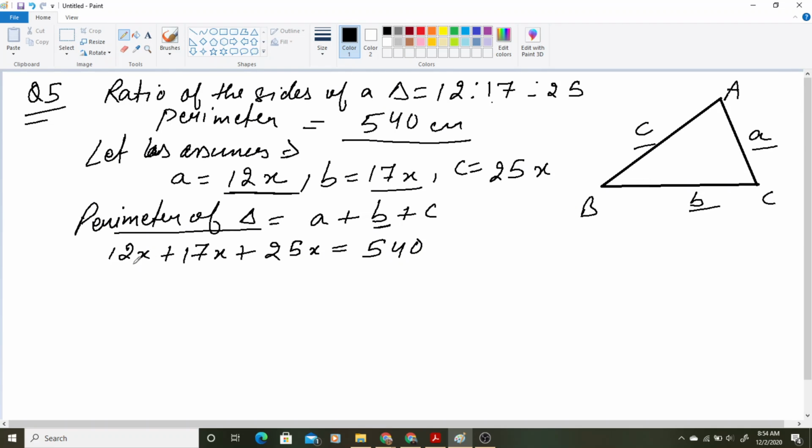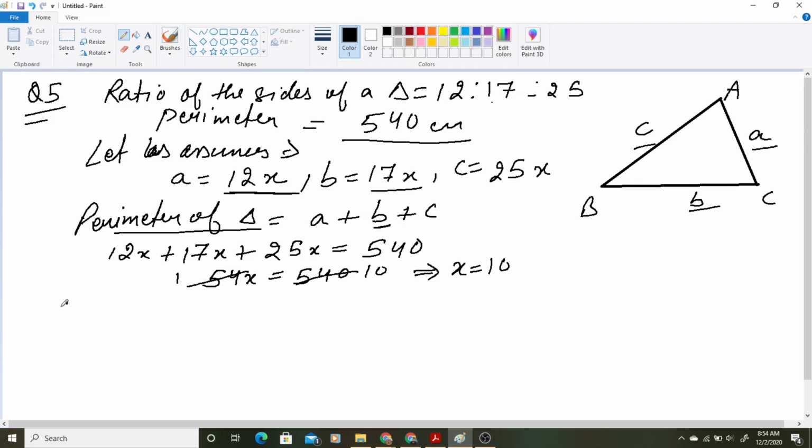Then add 12, 17 and 25, how much are you getting? 54x. So 54x equal to 540. Then you can cancel it out, so your x equals 10. The value of x is 10. So now you can find your A, B, C easily.